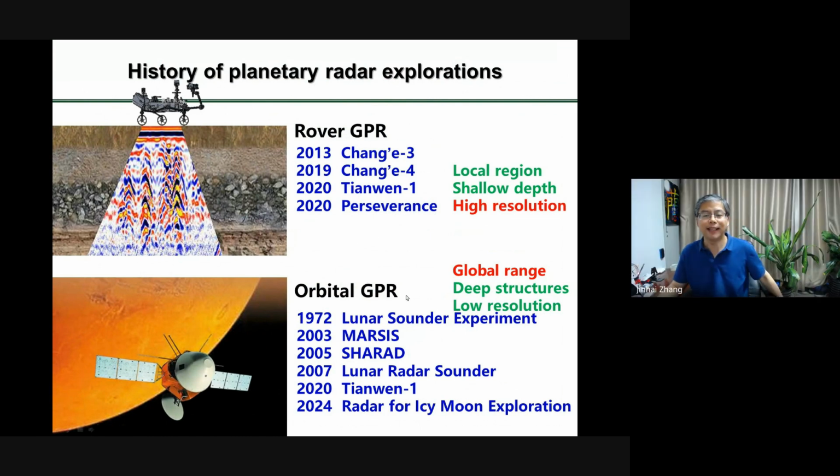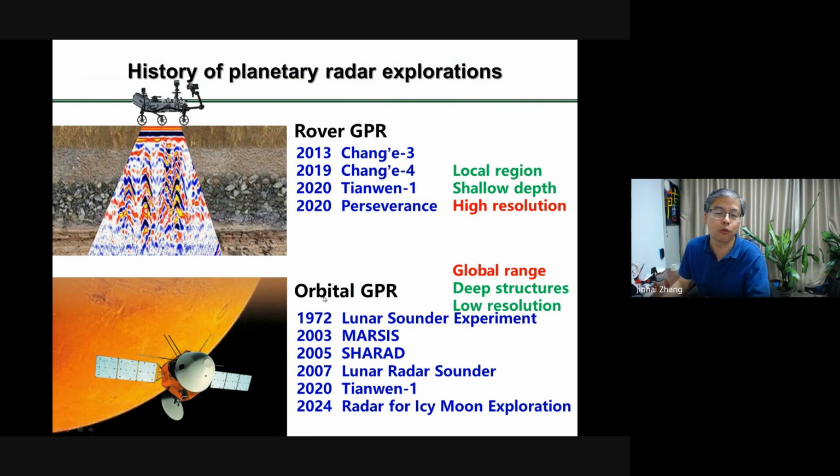Yes. Basically, for the Mars orbiters from ESA and NASA, these two payloads are still in operation. These two orbital GPRs can provide many valuable data over the InSight landing site. However, due to the limitation of their resolution, people do not see clear reflections there.